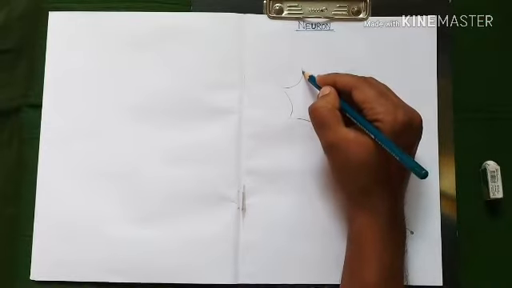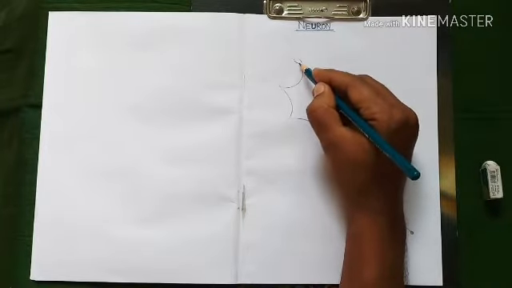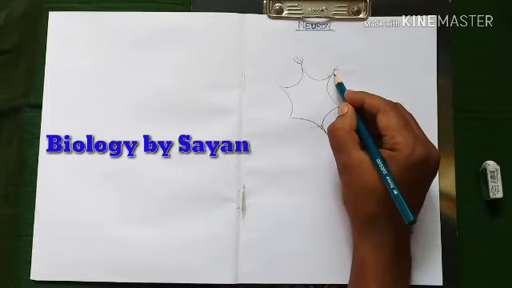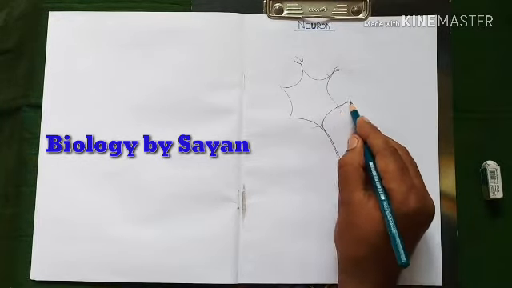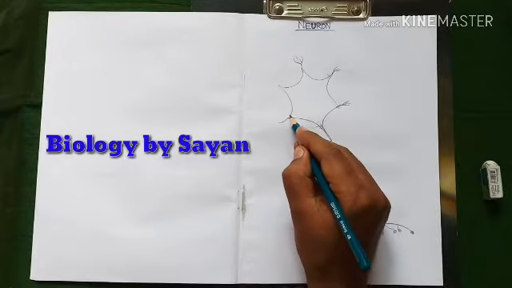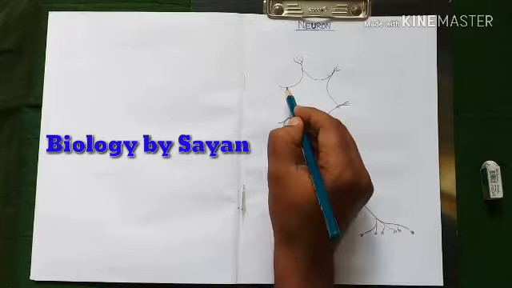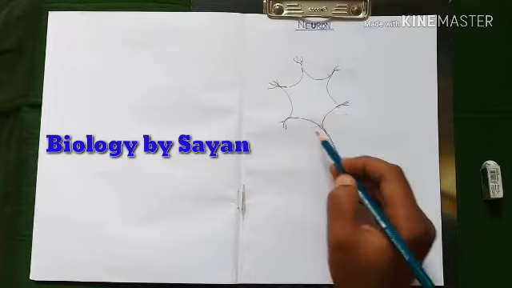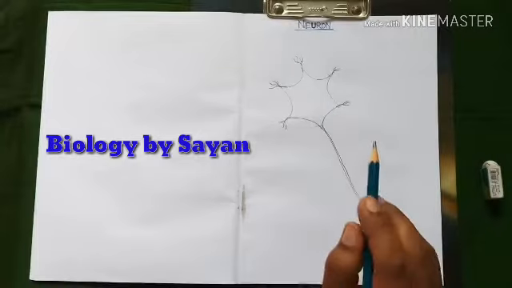Then we have to extend some branch like portions from these endings of the extensions. These are actually the dendrites. And this is our main cell body of the neuron.